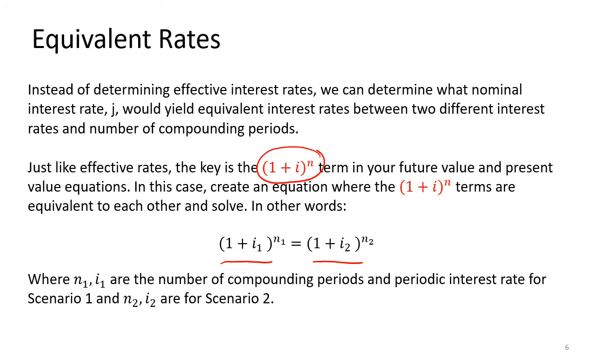Okay, so I'm going to show you how to derive a formula to solve for just i, because we're looking for interest rates. So we want to know what that second rate has to be in order for these to be equivalent. Again, it's buried in these brackets with exponents.